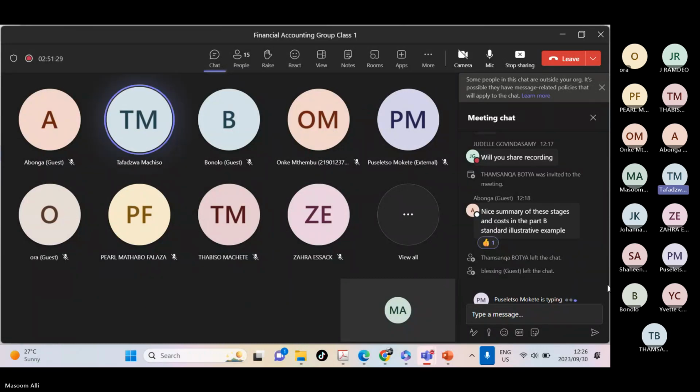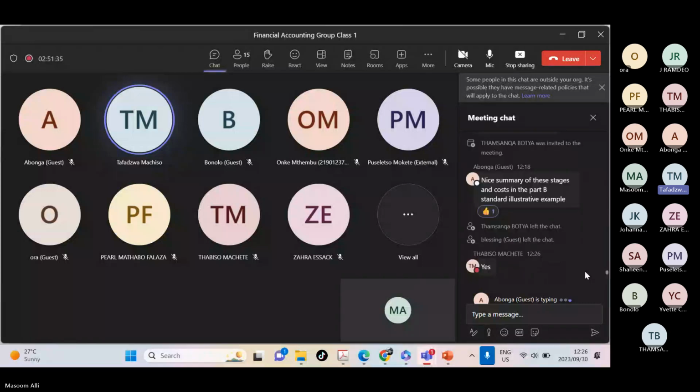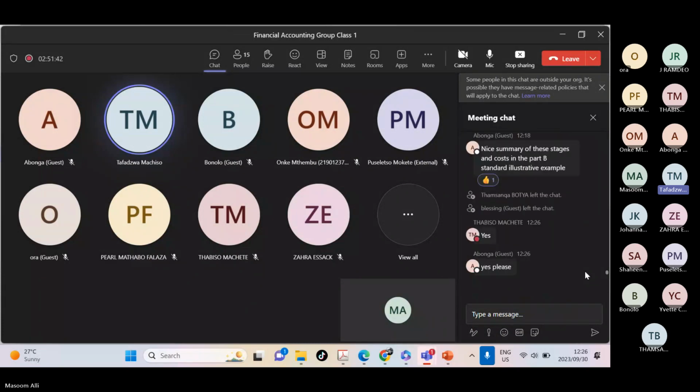So can I ask something? Sure. In that theory question, will it be wrong when I include these stages of website development to also explain to the directors? Because now I'm a bit confused. I understand these stages you were showing us so that we are able to do calculations.